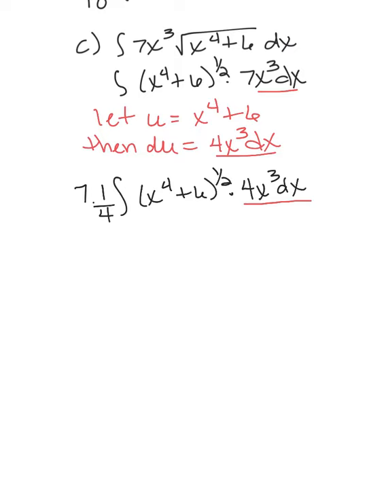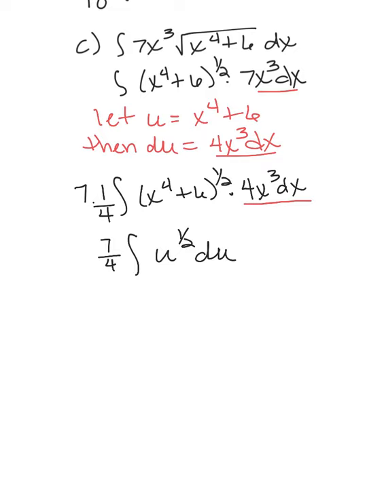We're ready to do our substitution. 7 times 1/4, we're going to make now a 7/4 out in front. Then the quantity gets replaced with u to the 1/2, and 4x cubed dx, the entire thing, gets replaced with du. Now we have just a single item raised to a power.